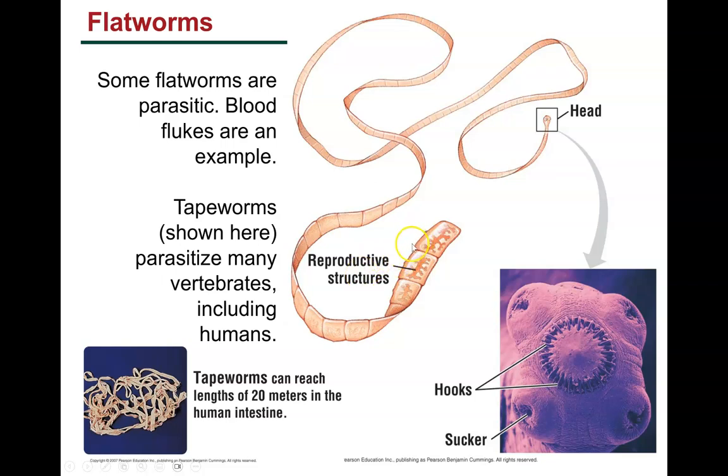The reproductive structures are going to be in these segments. So say you're a horse and one of these little pieces is going to fall off in your poop, and then when it rains and the horse manure goes into the grass, another horse comes along and is going to eat these little pieces, and then they're going to get a tapeworm. So that's why I believe, if I am correct, that horses have to be treated for tapeworms every year.